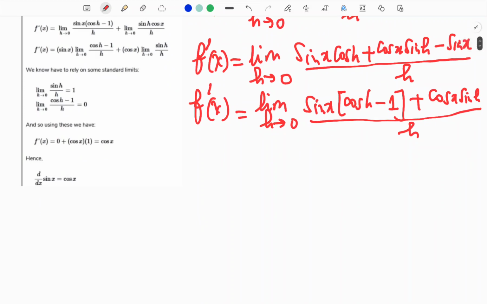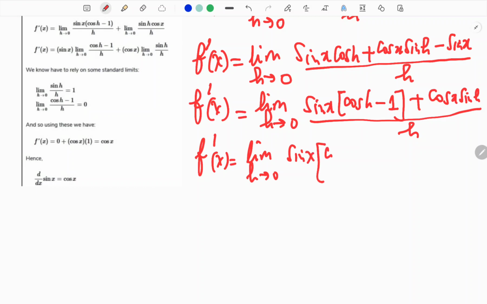So when we continue, we get f prime of x, and what is all this here? So we separate the two things here. They're in the numerator, and this becomes the limit as h approaches 0 of the sine of x.